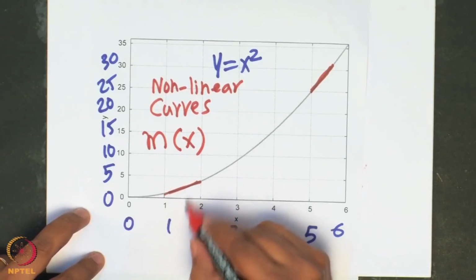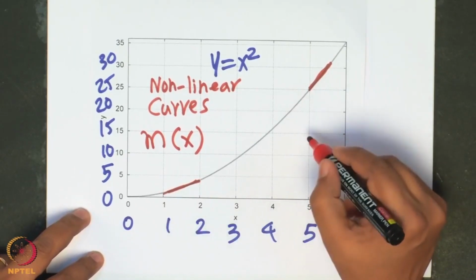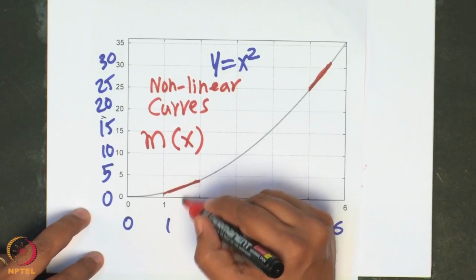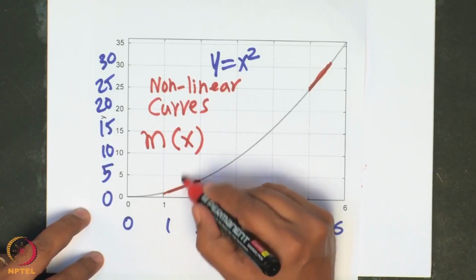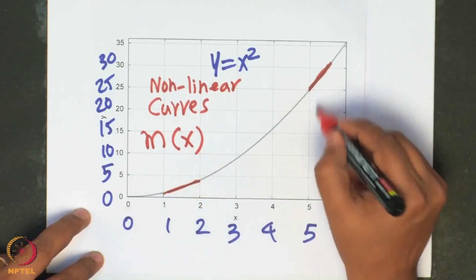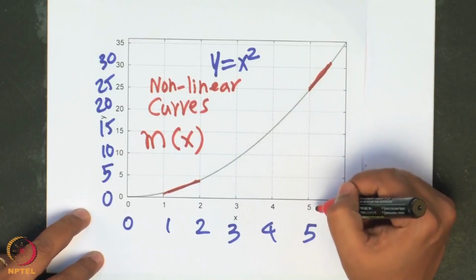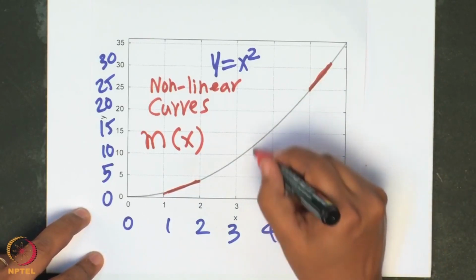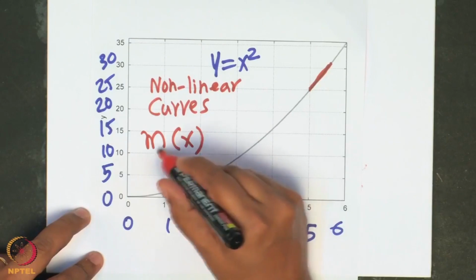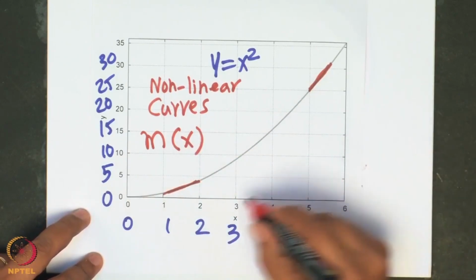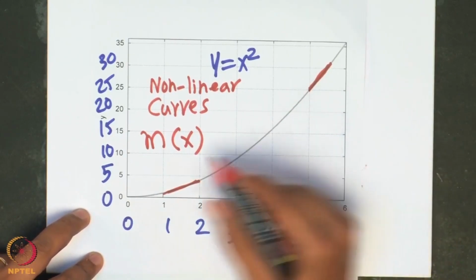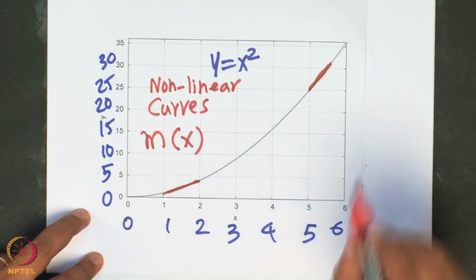So m depends on for what value of x you calculate. If x is between 1 and 2, you will get a different slope. If x is between 5 and 6, you will get a different slope. If x is between 3 and 4, you will get a different slope. The slope depends on the location where you calculate the slope. So this is an important point that all of you should remember.